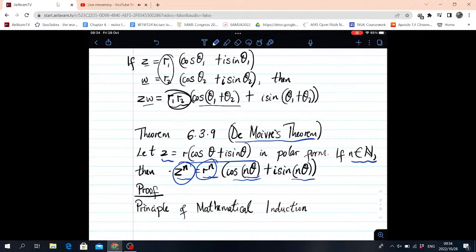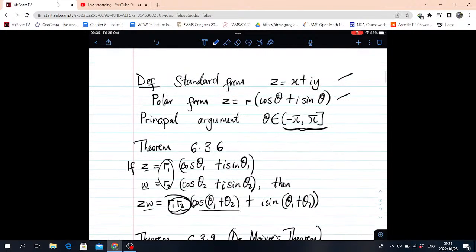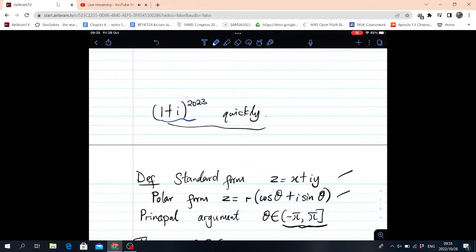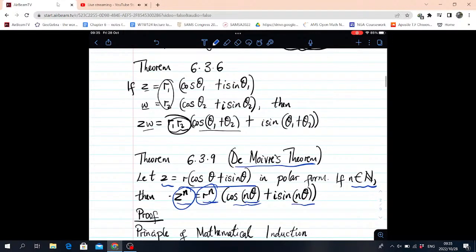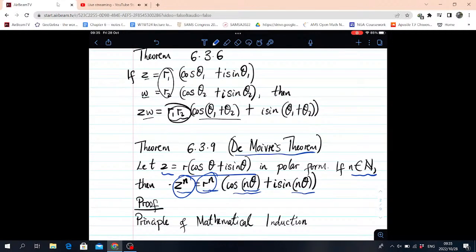It makes it easier relative to naively working on this directly, right? So that's the theorem. It tells us how to get powers of complex numbers, and it makes the calculation easier.